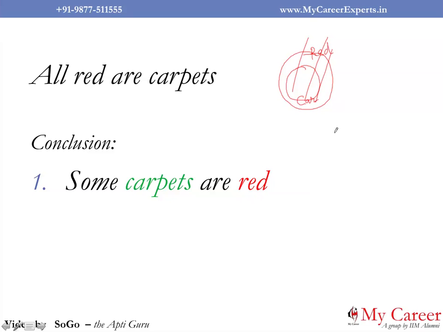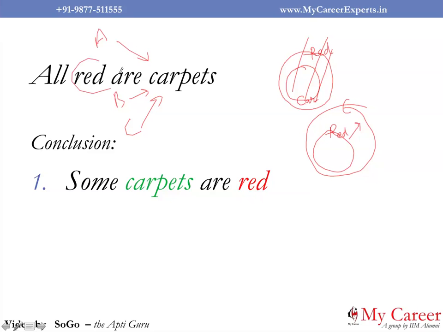All red are carpet. So we have red to be inside and carpet to be outside, because red is the small thing which is there in carpet. There can be many other things A, B, C which may also be carpet, but we have all of red as carpet. Now what conclusion we can draw from here is some carpets are red.